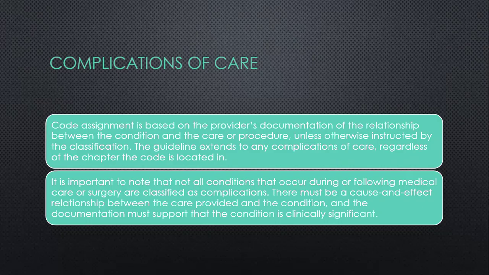It is important to note that not all conditions that occur during or following medical care or surgery are classified as complications. There must be a cause and effect relationship between the care provided and the condition, and the documentation must support the condition is clinically significant.